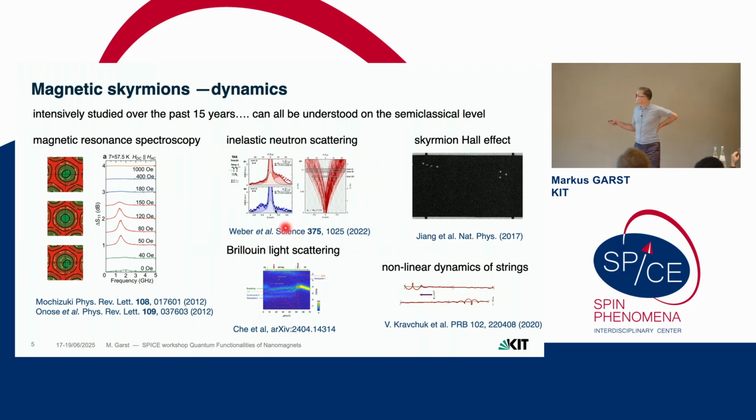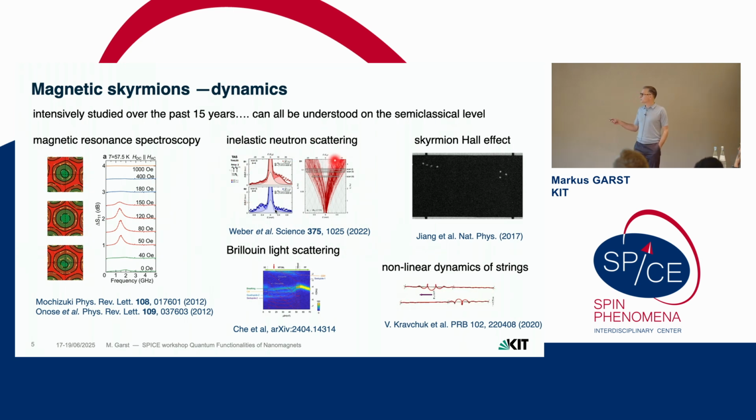I also want to mention work with inelastic neutron scattering by Weber et al. Magnetic resonance spectroscopy probes the excitation modes at zero wave vector, while inelastic neutron scattering probes at much higher wave vectors.